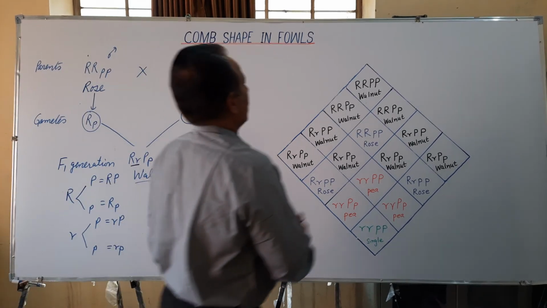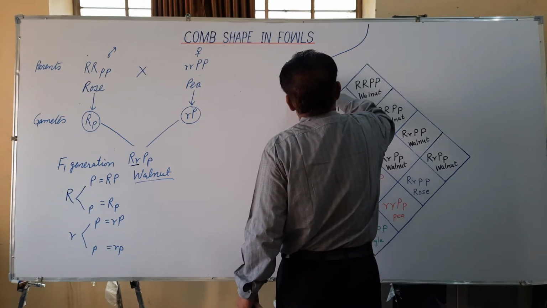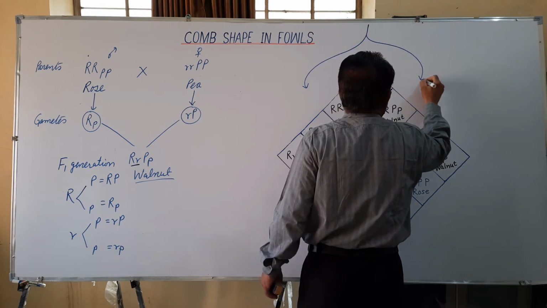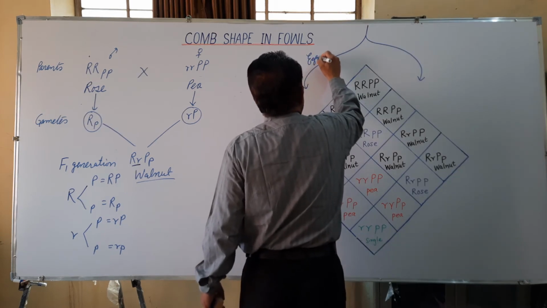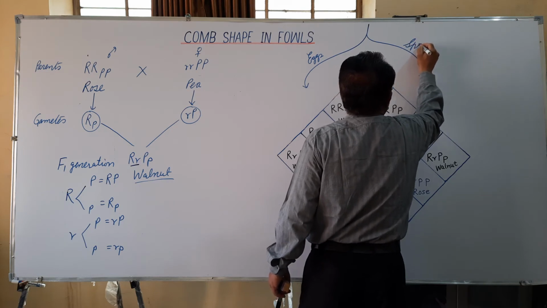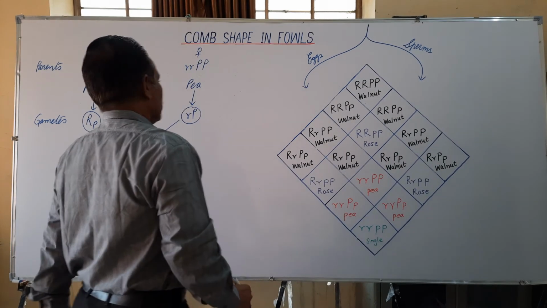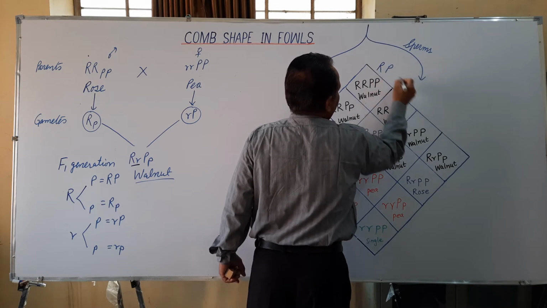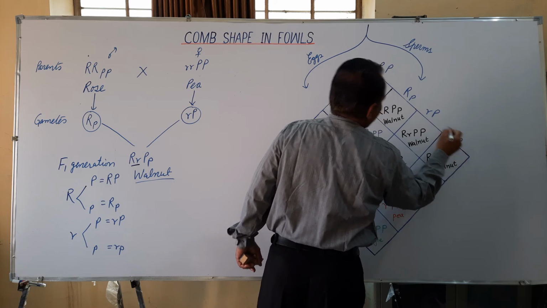When the population of the F1 generation are mated to one another, they produce four types of eggs or female gametes and four types of sperm or male gametes. These are capital R capital P, capital R small p, small r capital P, small r small p.